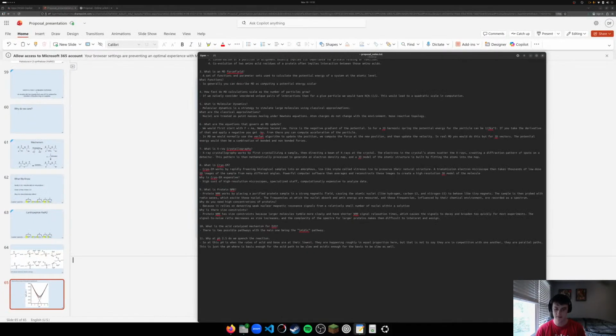So this implies that the base catalyzed mechanism is more efficient?